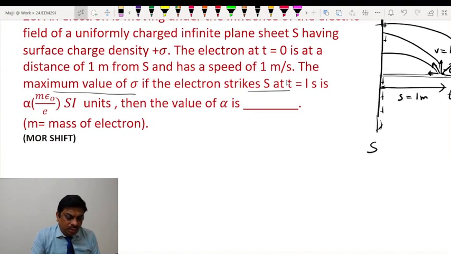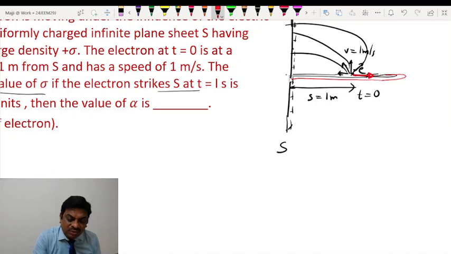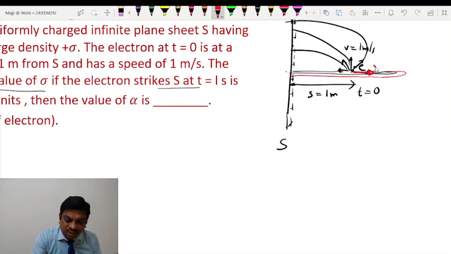Since we have to obtain the maximum value of sigma, we should ensure that the velocity direction is farthest away from the sheet. You have to understand this basic concept, students. When the velocity of the electron is farthest away, then we require maximum value of sigma to achieve that situation. So that means velocity is in this direction.